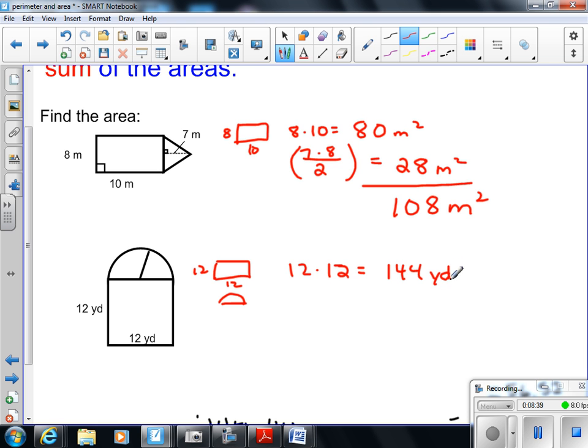square yards. Okay, now how to find the area of a circle? Radius squared times pi. So the radius is going to be 6. So I have 6 squared times 3.14.